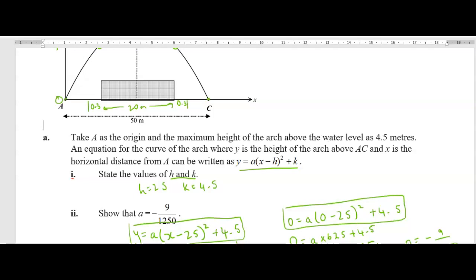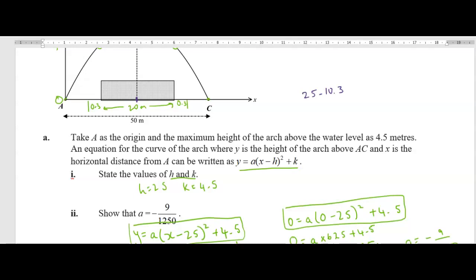So your x coordinate, we're going to be doing, oh my gosh, I just had a blank. Okay, so halfway is 25. So we're going to be 25 minus 10.3.